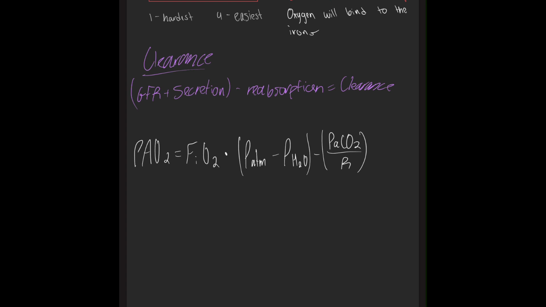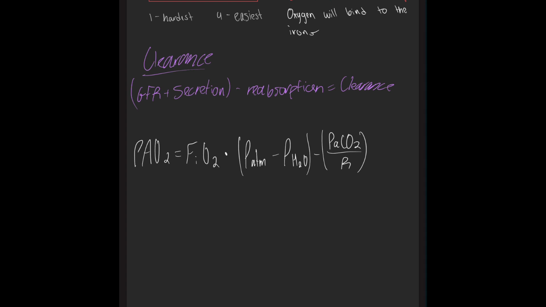So first we can look here. PAO2 is the alveolar partial pressure of oxygen. FiO2, right? The next one is the fraction of inspired oxygen. PATM is the atmospheric pressure. PH2O is the water vapor pressure in the airways. PaCO2 is the arterial CO2 partial pressure.